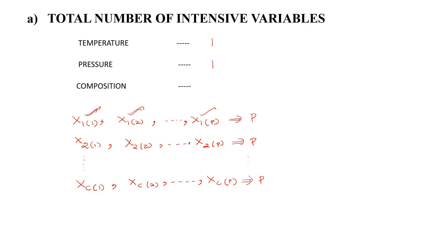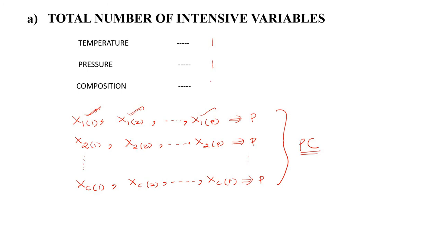So what is the total number of mole fraction terms available in the system? Since we have C components in total, there should be P into C total mole fraction terms.